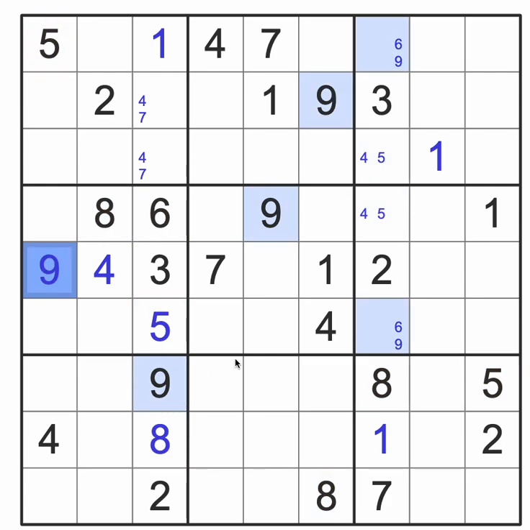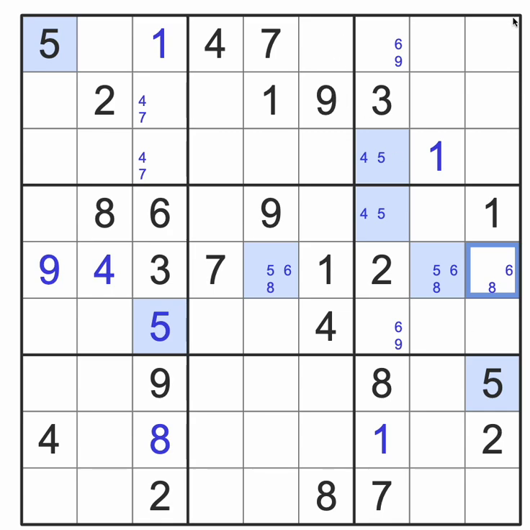So this is 9. And these will be 5, 6, 8. And this cell is blocked by 5 in box 9, so it's 6 or 8.